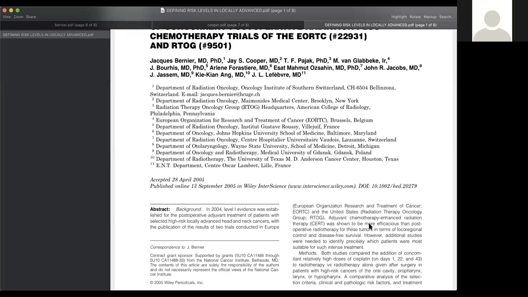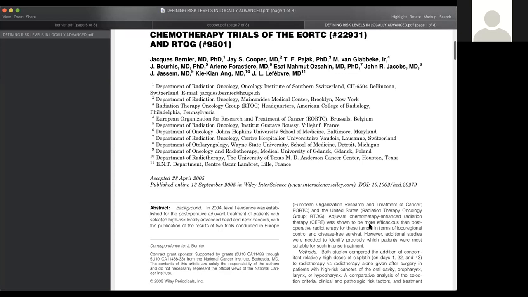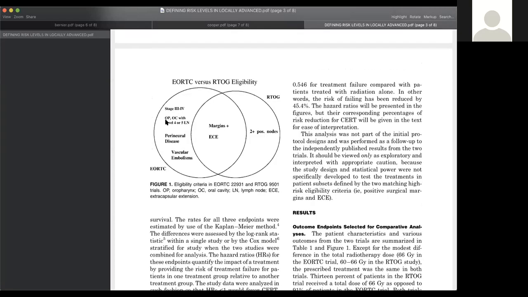which has included all the findings of this trial and has given you real-world outcomes. So Bernier and Cooper were very clear in their study, where they looked at both their data. What they found out, when they combined the EORTC data versus the RTOG data, is that in the EORTC, as I mentioned, it was stage 3, stage 4, oral cavity, oropharynx with level 4, level 5, perineural and vascular embolism, plus margins and ECE.